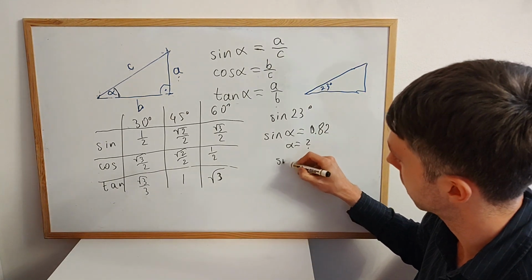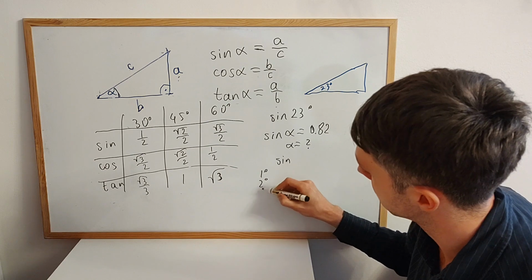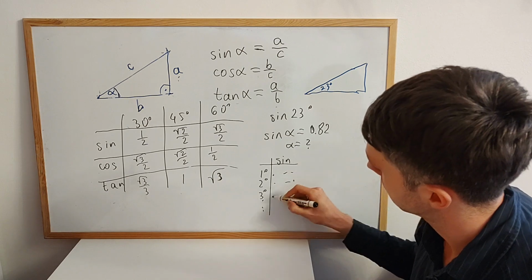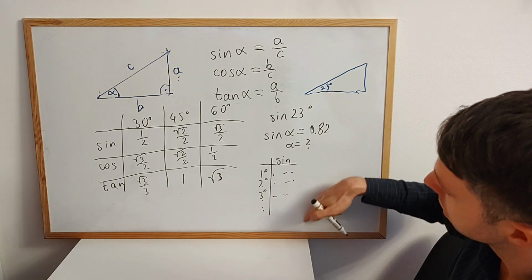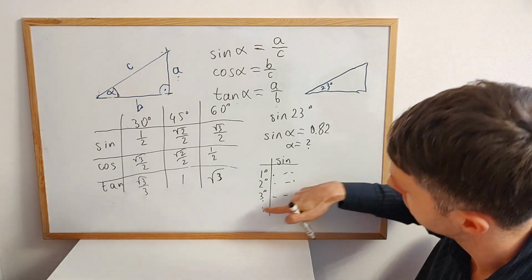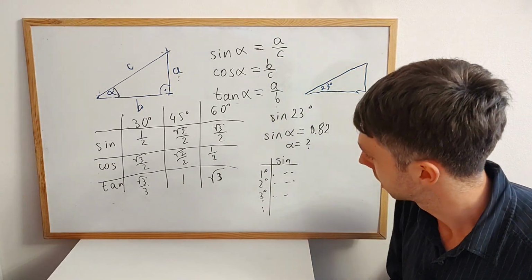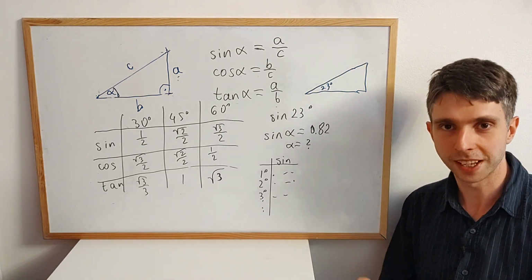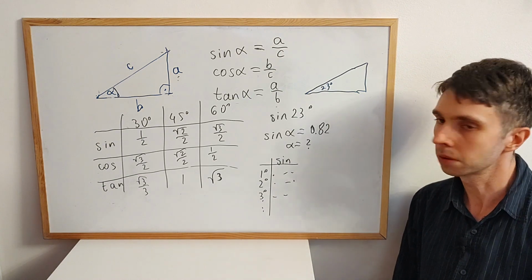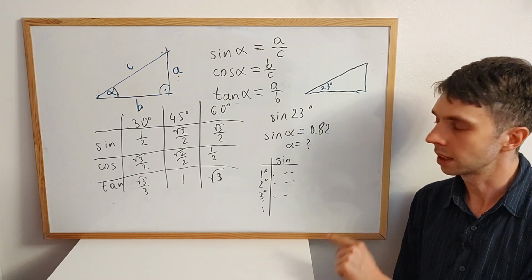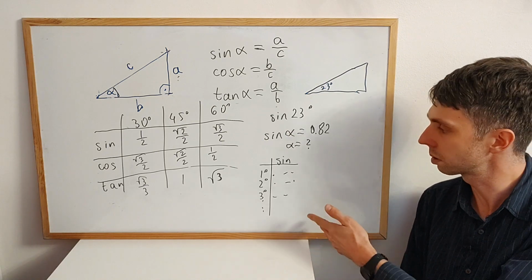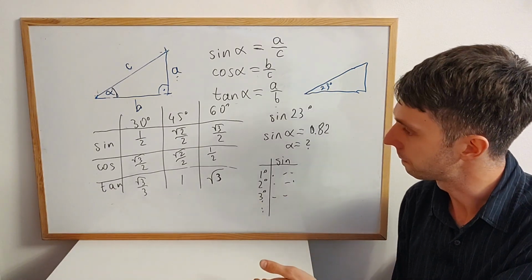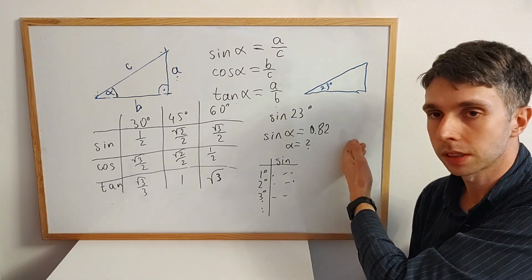So for example, you have sine and you have 1 degree, 2 degrees, 3 degrees, and so on, and you can check the values, or you can find the value 0.82 and see what the angle is, or you can also do it using your calculator, even on your mobile phone, which I will show you now, how you can use your calculator to answer these two questions, which are pretty often encountered in physics.